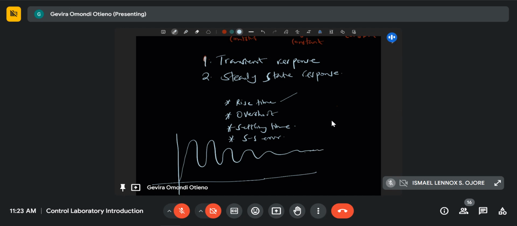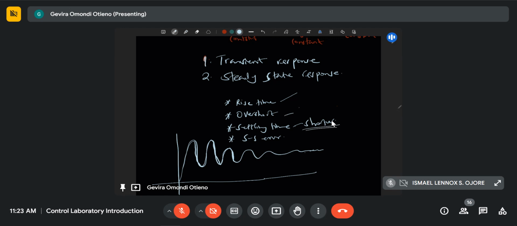So it's predictable. But when there are these oscillations at the beginning, then the system is very unstable, and so it's difficult to control. In control systems, we want to achieve stability as soon as possible. So you actually need a shorter settling time. That is what we strive to get.